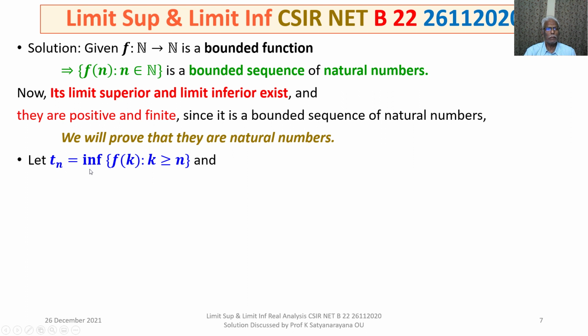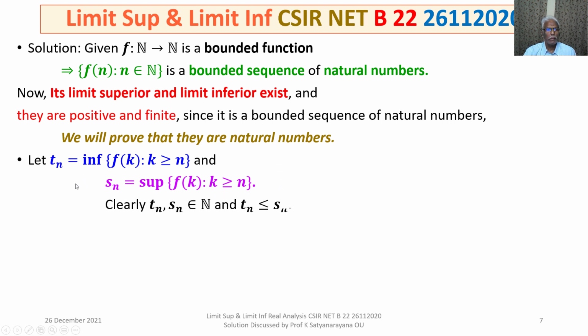Let t_n be equal to the infimum of f(k), k greater than or equal to n, and s_n be equal to the supremum of f(k), k greater than or equal to n. Clearly, t_n belongs to N, s_n belongs to N because it is a sequence of natural numbers, and t_n is less than or equal to s_n.